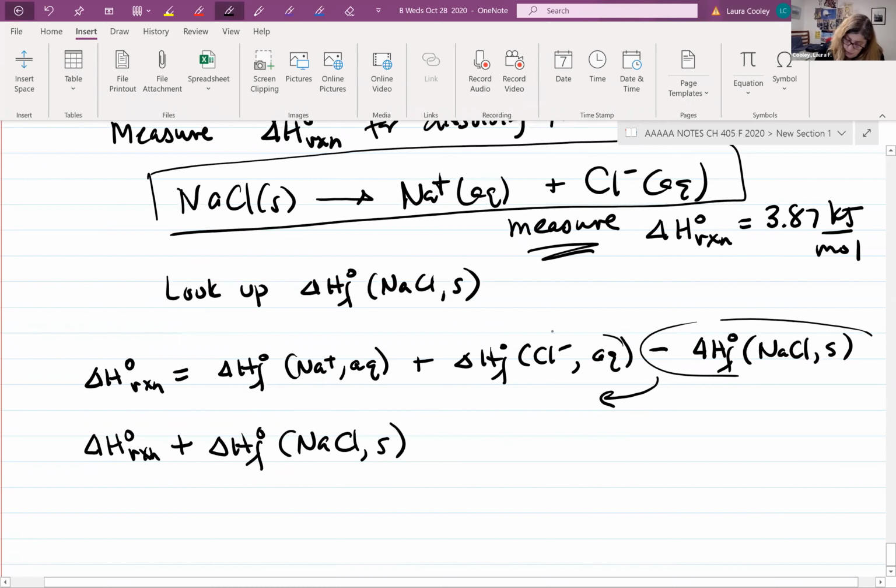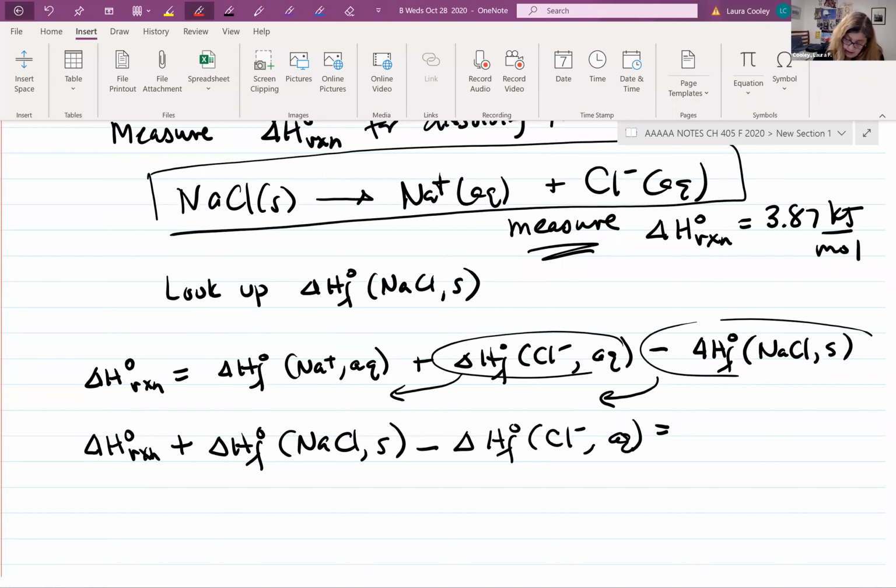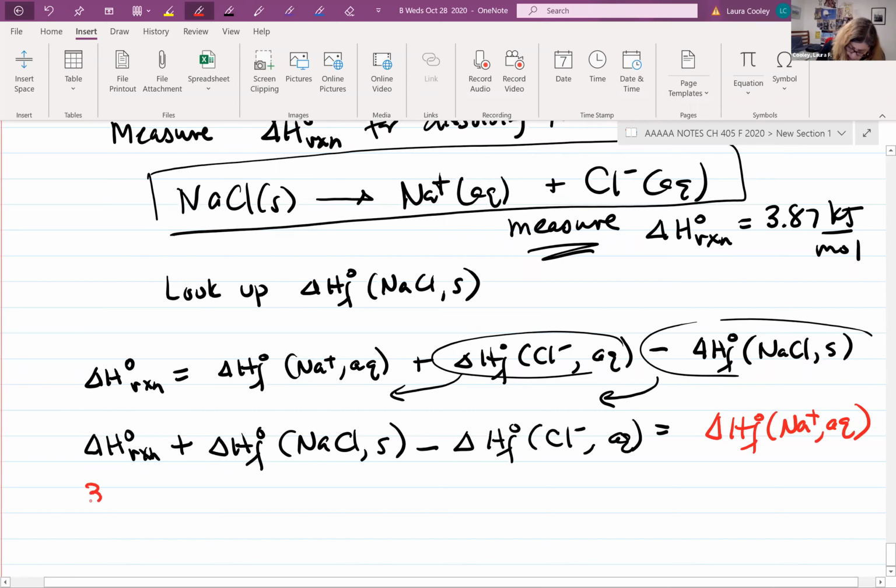But now I can also subtract this. And that's going to give me what I want, the delta HF0 of sodium. And so this is 3.87. This is the number I threw down.